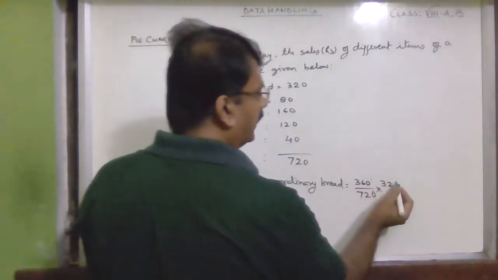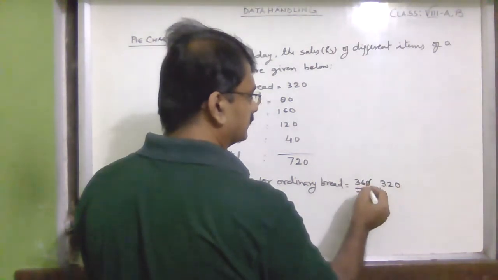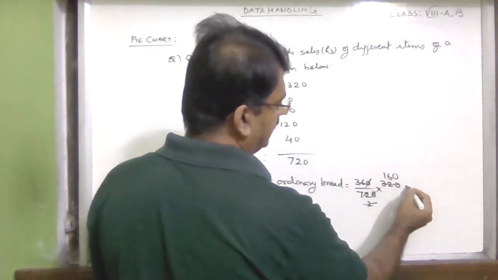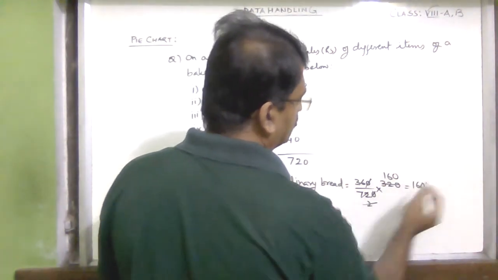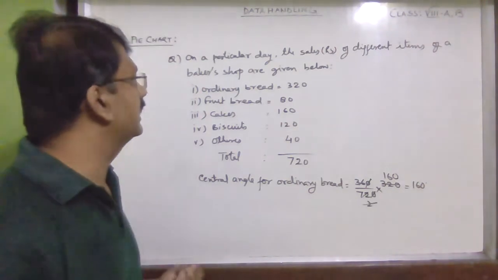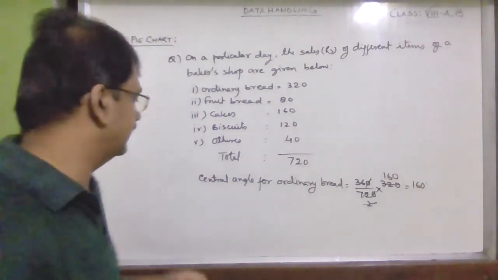Clear? You can see it is 160 degrees. So the central angle for ordinary bread is 160 degrees.